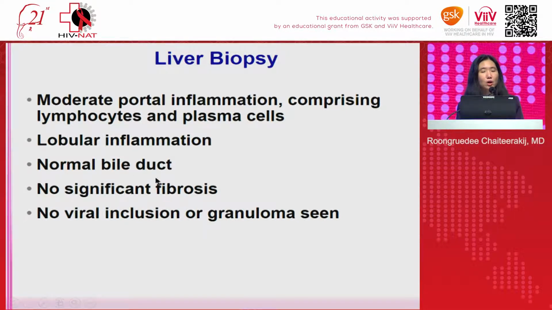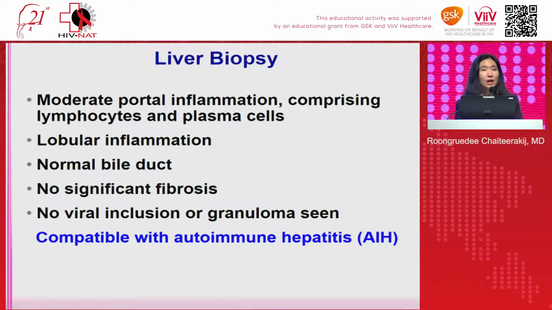The bile duct is normal, no significant fibrosis, and we excluded other causes of hepatitis, for example viral hepatitis B, C, or granuloma like TB, and no viral inclusion or granuloma was seen. The liver biopsy result was compatible with autoimmune hepatitis or AIH.